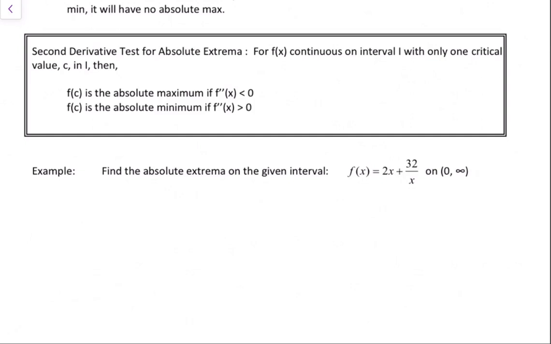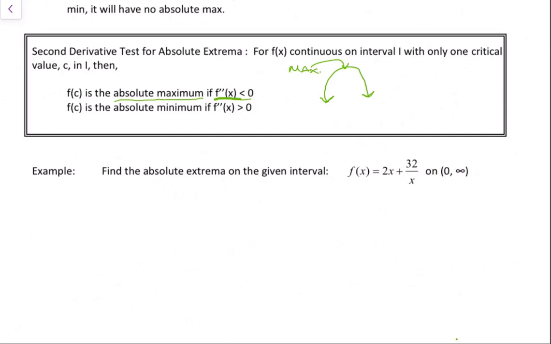Now the way we do that is that we are going to have an absolute maximum if my second derivative is negative. Now think about why that is. Remember what a second derivative being negative means. If my second derivative is negative, that meant that it was concave down. So if I draw a concave down parabola, it naturally forms an absolute max in the curve.